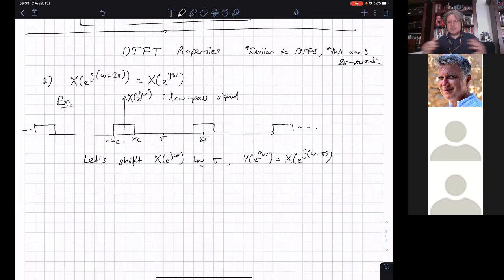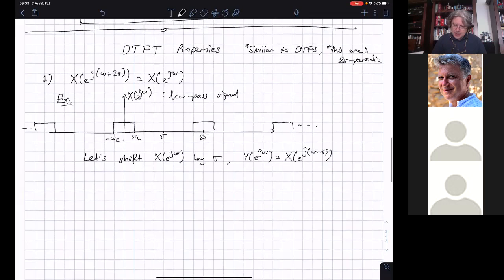I shifted this X of e to the j omega by pi. It may be to the right or to the left, actually. It doesn't matter for this example because pi is just the middle of 0 and 2 pi. But I'm shifting to the right hand side for this one.